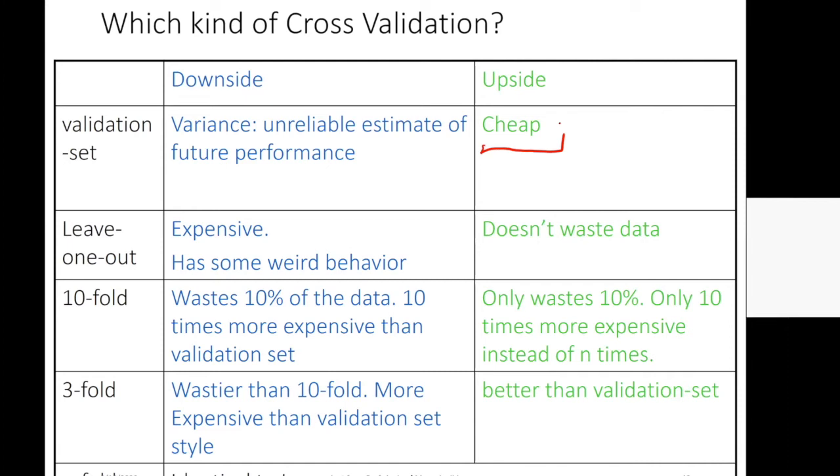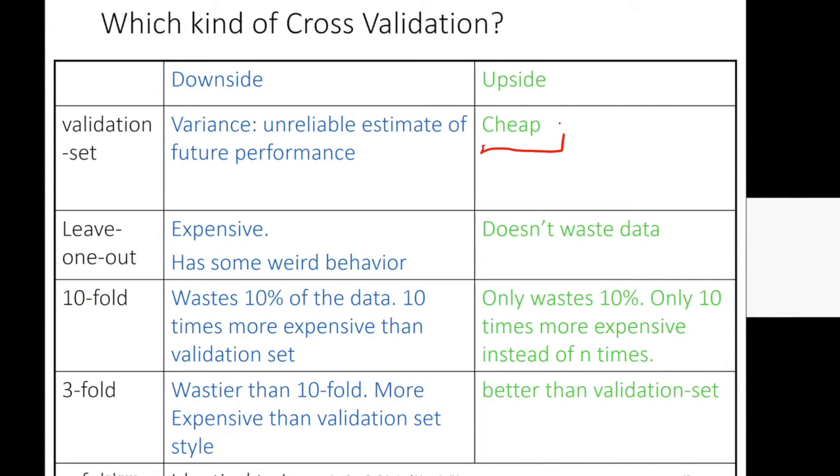When you have super many reference data, there's not much need to do leave one out. So leave one out is mostly used in the smaller training regime, when you have smaller reference data. It has some kind of weird behaviors, and we'll talk about that later.